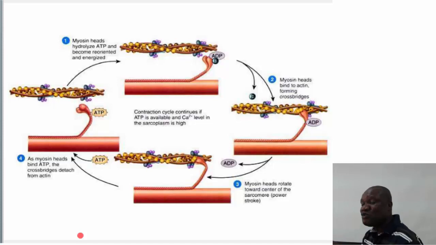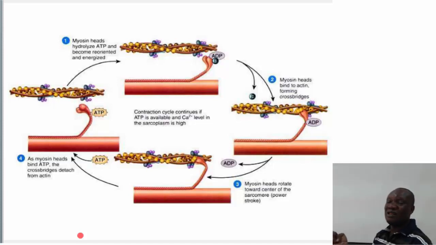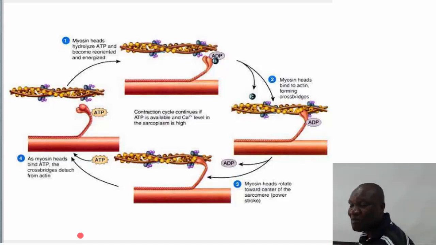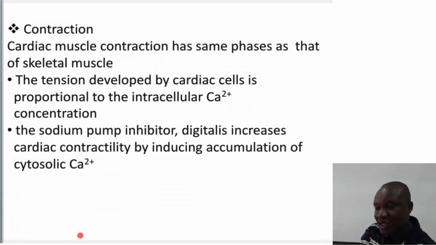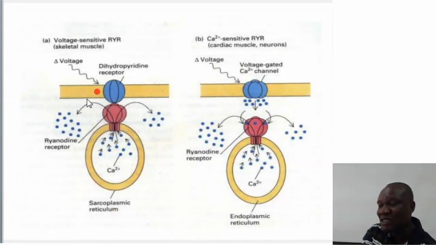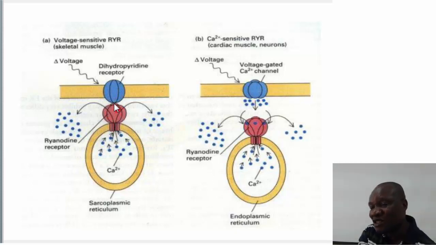The difference between these two muscles is the calcium mobilization. In the skeletal muscle, we have dihydropyridine receptors causing the opening of ryanodine receptors by electron dense sheets to release the calcium.